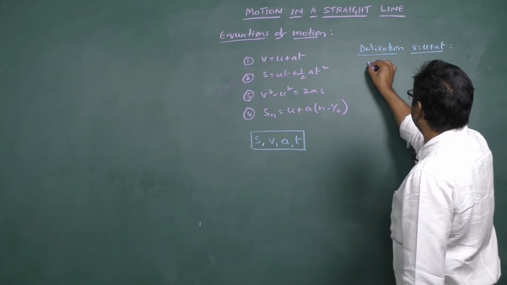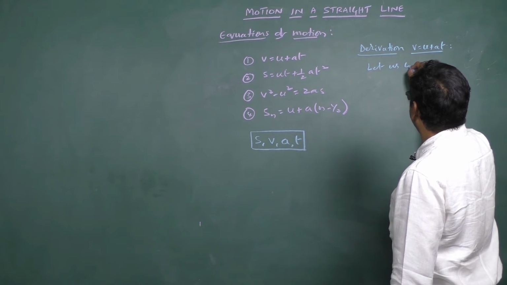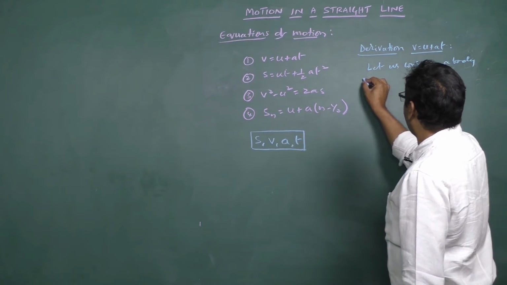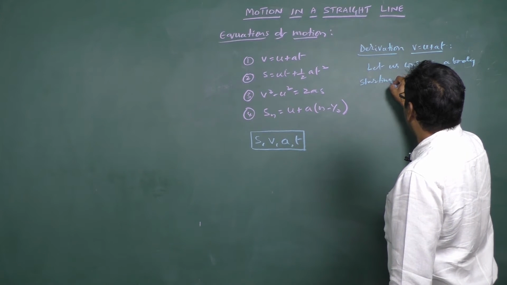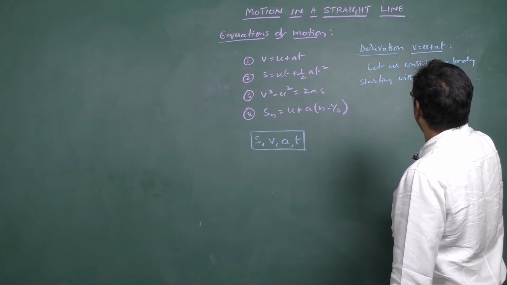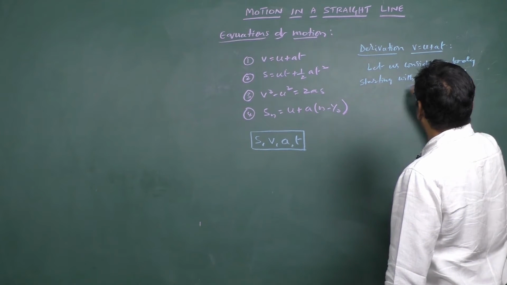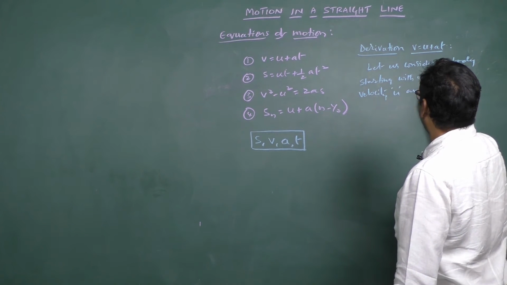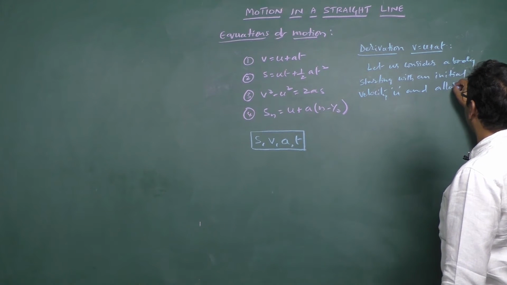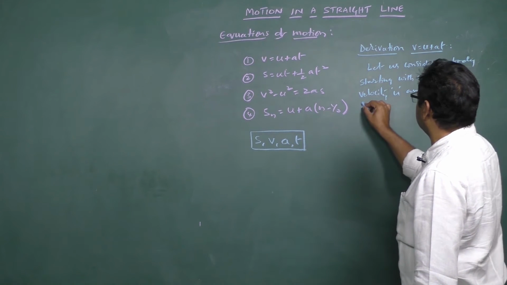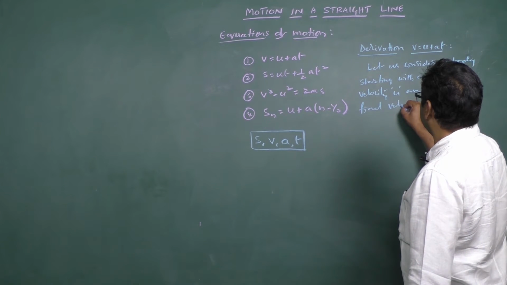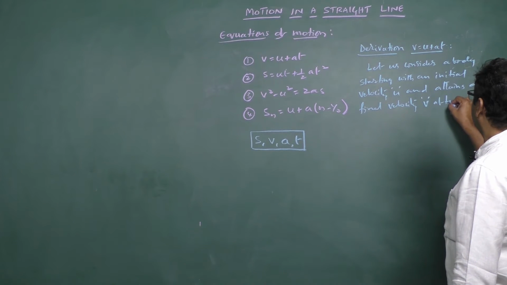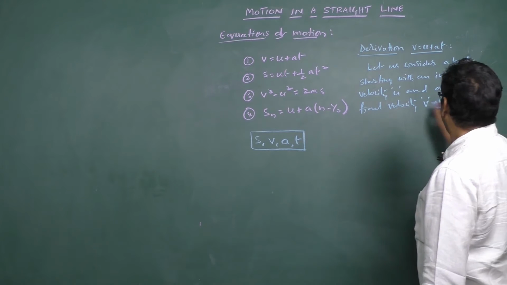First of all, let us consider a body starting with an initial velocity u and attaining a final velocity v after time t.